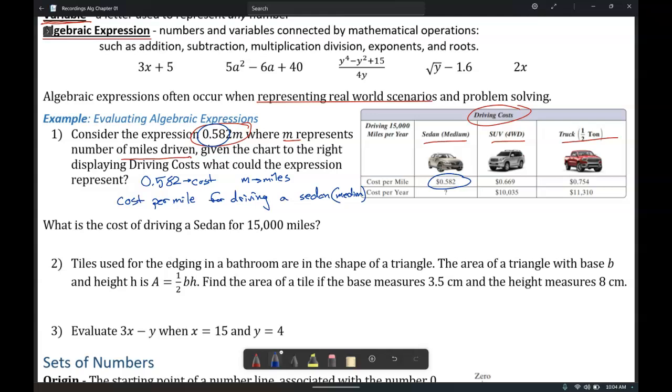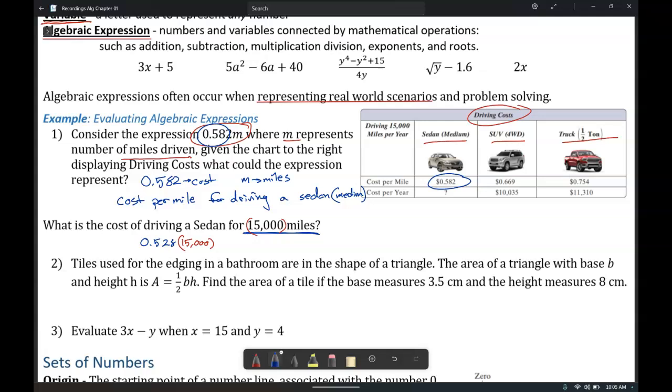So what we're doing is we're given a value for m. If m represents miles and they tell us how many miles, then we can go ahead and use this to evaluate the algebraic expression. So our algebraic expression 0.582, we're going to substitute 15,000 miles in for the variable of m. Now we can actually evaluate.